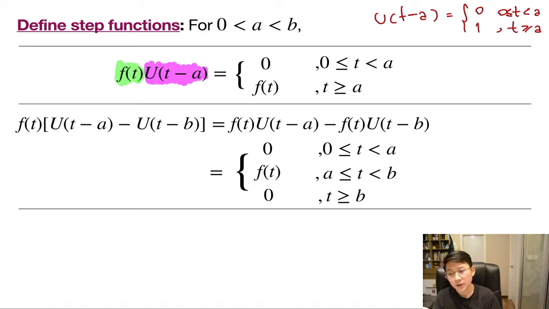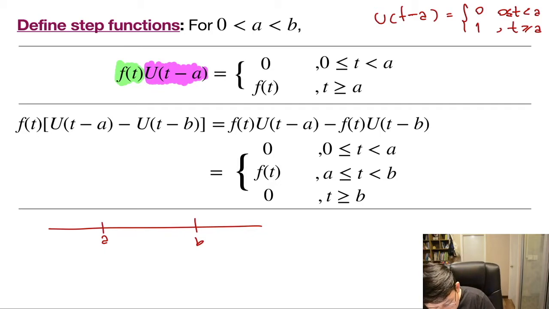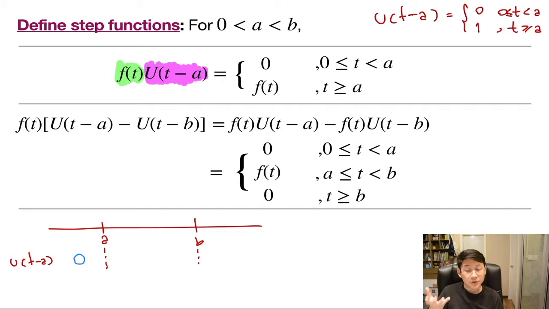And similarly, guys, here is a little more complicated: u(t-a) minus u(t-b). Let's say a is here, b is here. For u(t-a), here it will be 0, right?